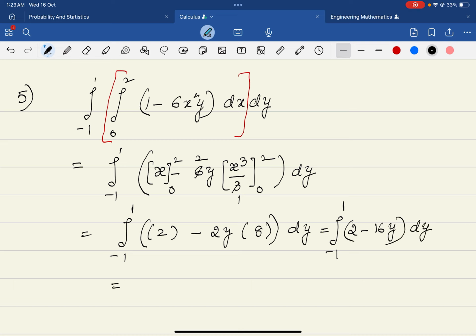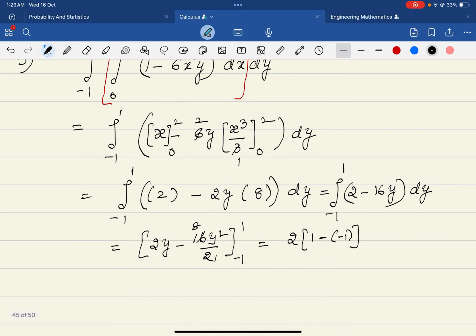So what is this? 2y minus 16y square over 2. So the 2 and the 2 get cancelled, leaving 8. Now the limits are from minus 1 to 1. Let us apply the upper limit: 2y means 2 times 1, minus the lower limit, which is minus 1. Whenever there is a minus, please be alert.